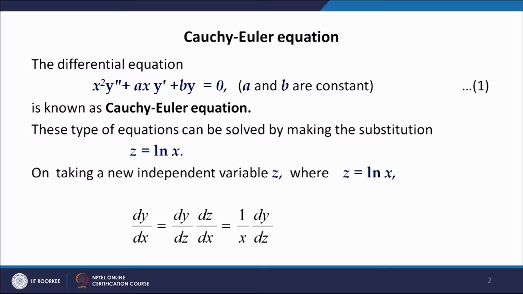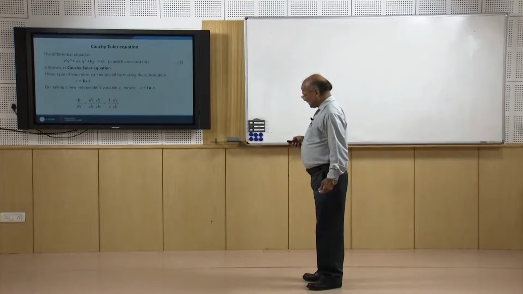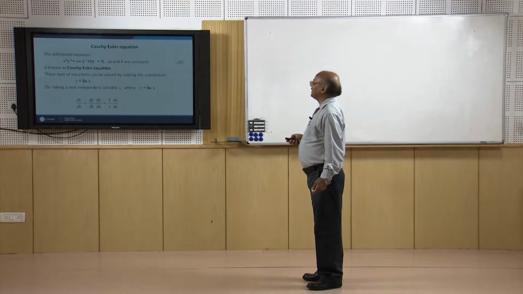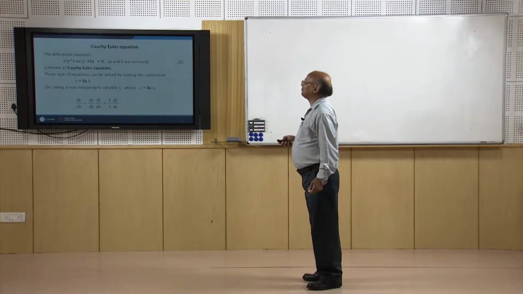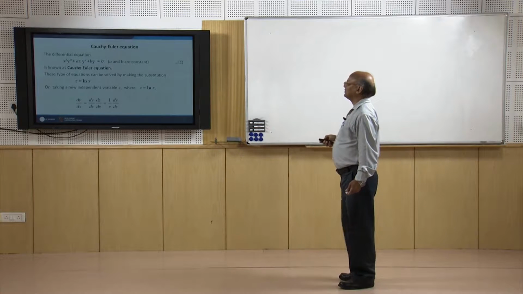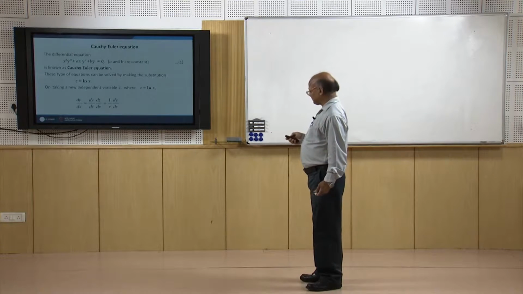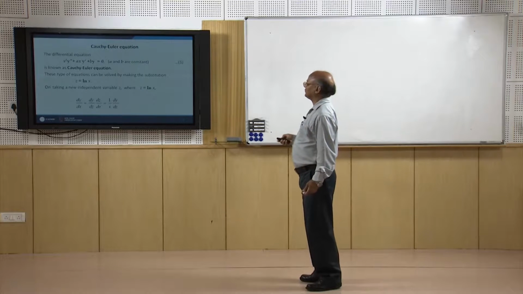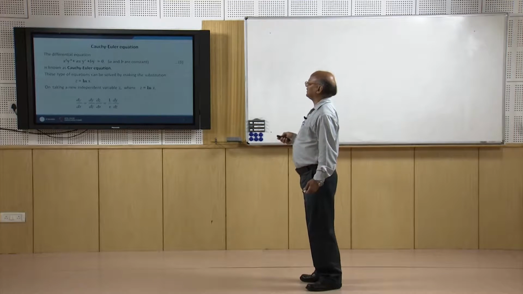Similarly, in the second term the power of x is 1 and the derivative is of first order, and then we have b times y equal to 0. So in every term the power of x and the order of the derivative are the same. Such differential equations are called Cauchy-Euler equations. This is the homogeneous case of the Cauchy-Euler equation.